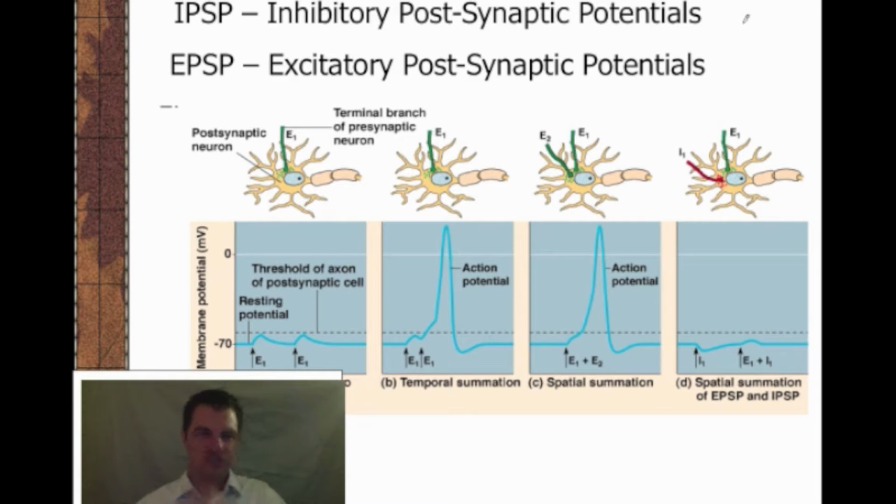Now, it turns out that when a neuron meets another neuron, there's a couple of things it can do. It can be inhibitory or it can be excitatory. When a neuron comes down and meets another neuron, whatever neurotransmitters it releases, it turns out that there are several different types of neurotransmitters.